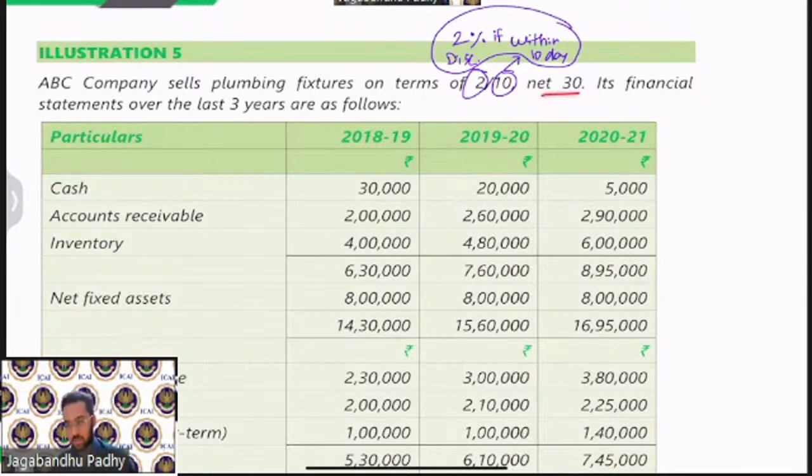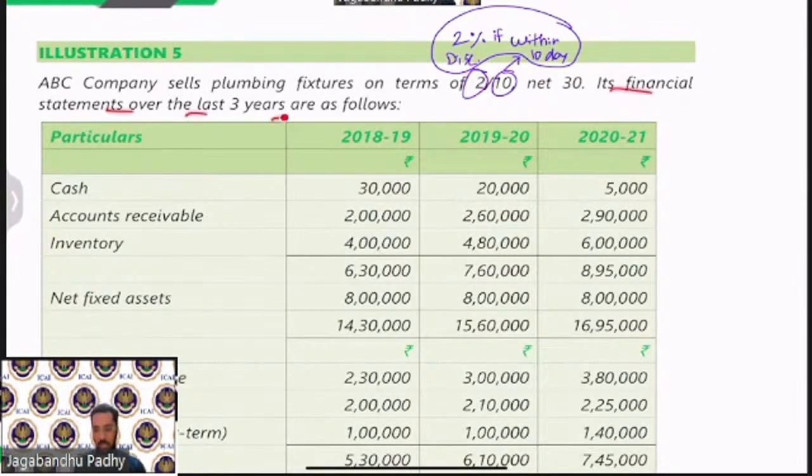Net 30 means over a period of 30 days you have to pay. So the regular duration given to customers is 30 days. But if any one of them pays within 10 days, they will be given a 2% discount.